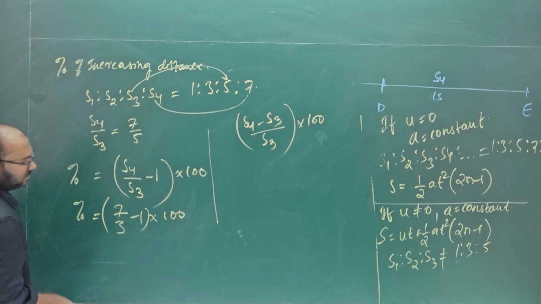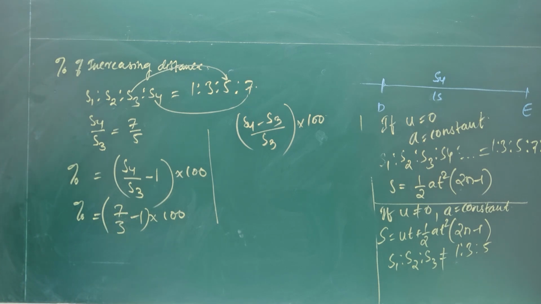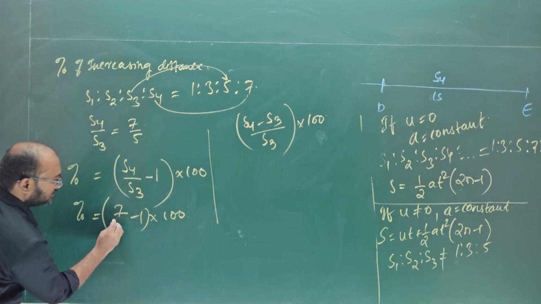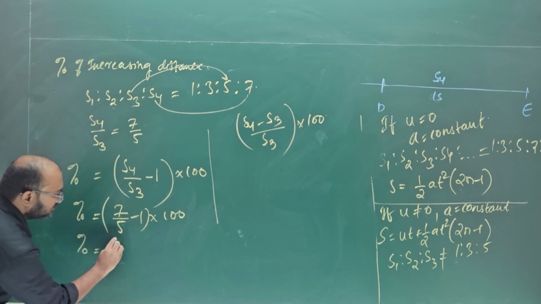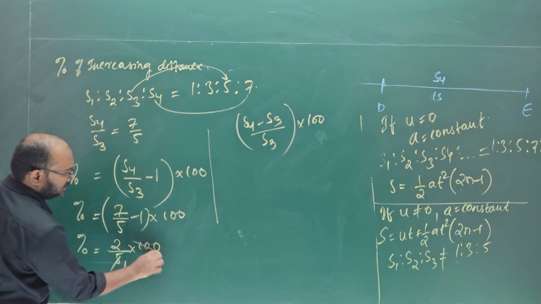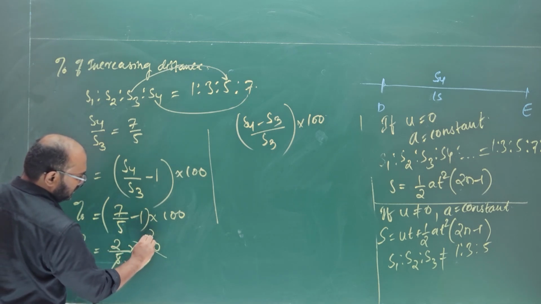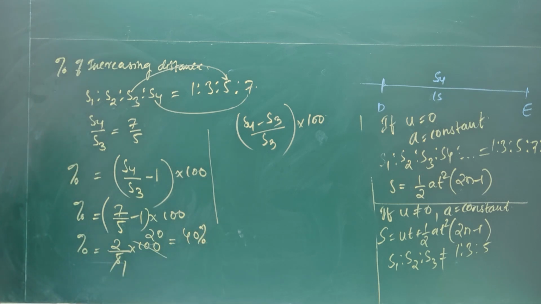So this becomes 2 upon 5 into 100, which is 40%. Okay. Now, any other doubt?